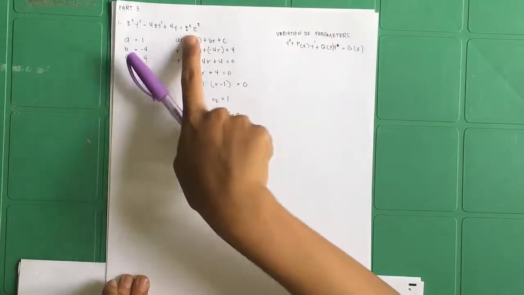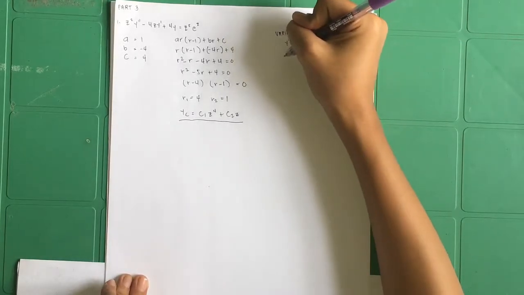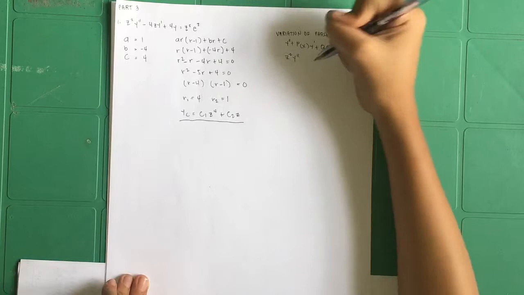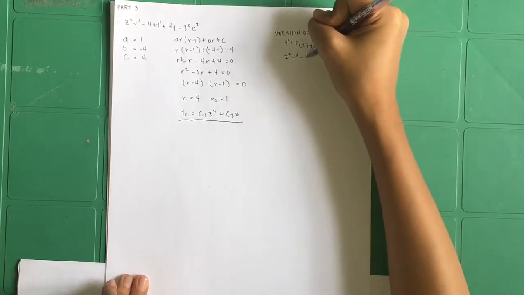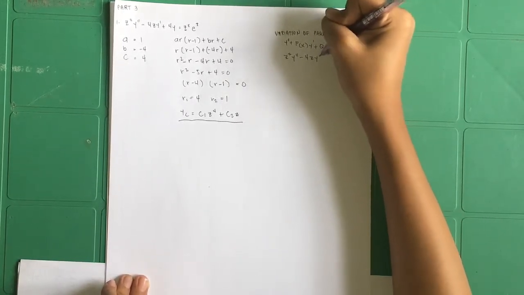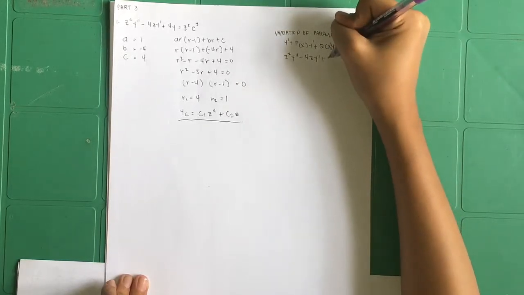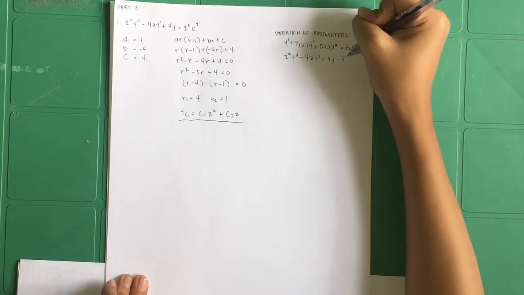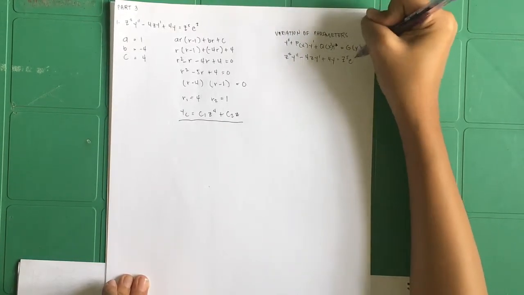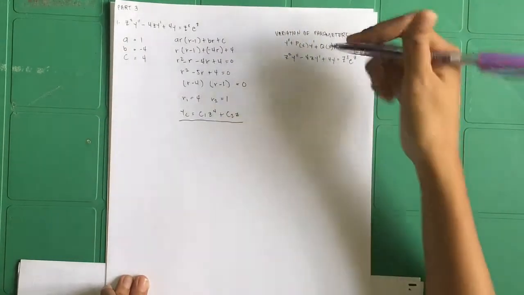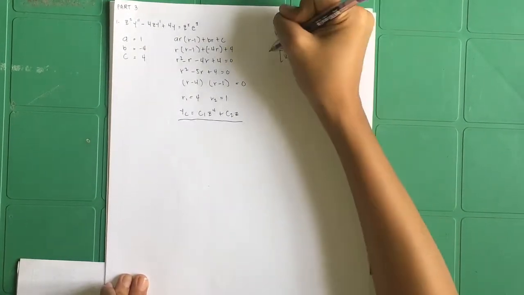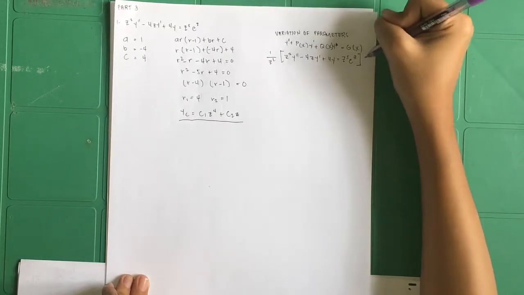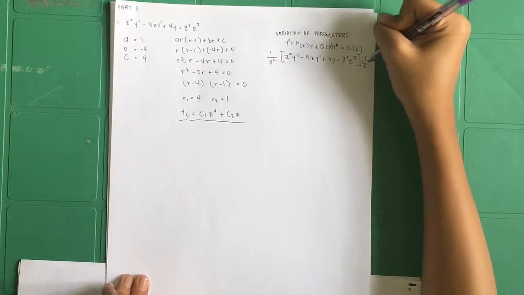Then I'll rewrite the problem. Then I'll multiply both sides by 1 over z squared, to fit with the formula.